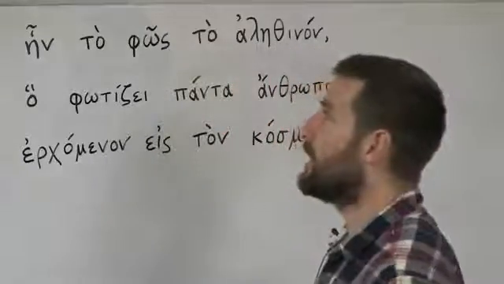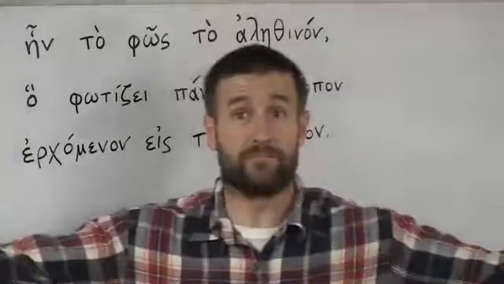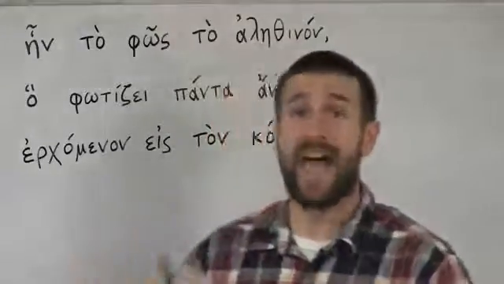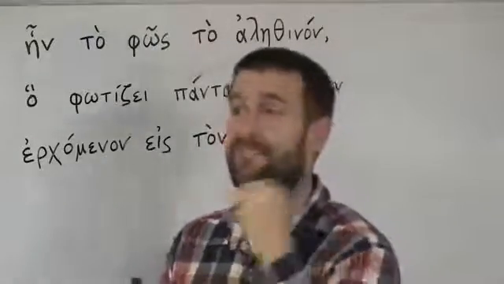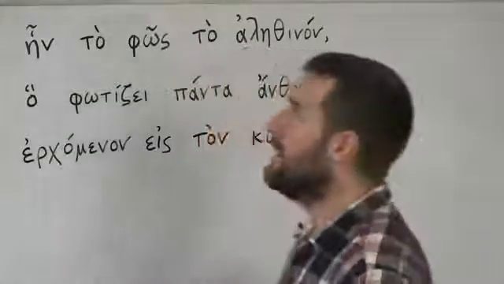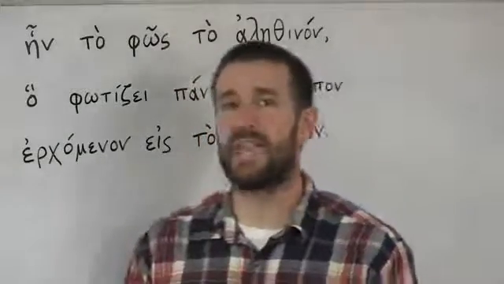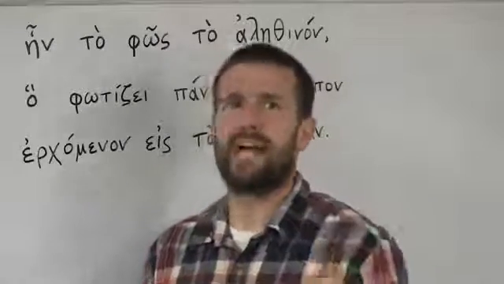In English, it would not be grammatically correct to say, "was the true light." Okay, we have to say "that was the true light." Whereas in Greek, you can just say "was the true light," and the "that" is just understood to be there, even though you're not saying it. A lot of people will make the mistake of saying, well, when we read the King James, we should remove the italicized words.